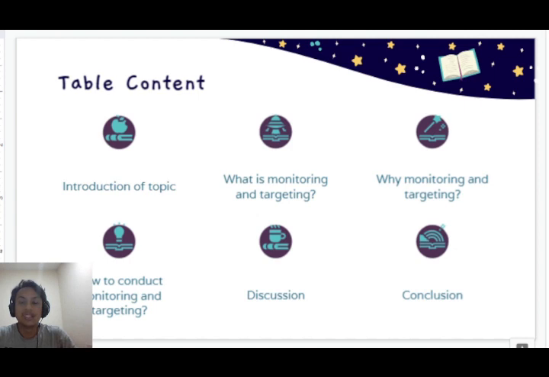Okay, this is the table of contents of our group. We have 6 parts that we have divided into 3 parts. First, Putri Nazatul Iman will present the introduction of the topic and what is monitoring and targeting. Then we have Farid Nazri, who will present why monitoring and targeting and how to conduct monitoring and targeting.